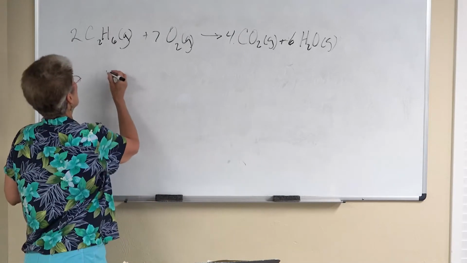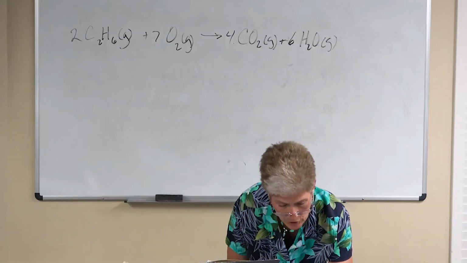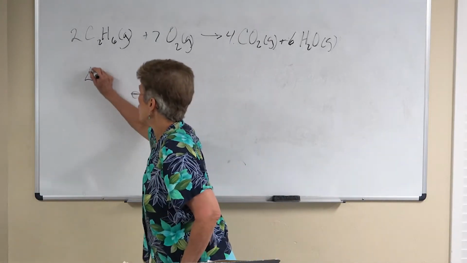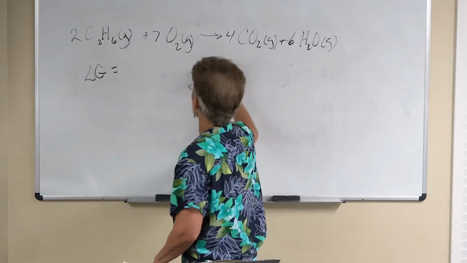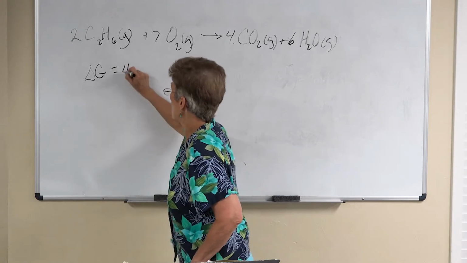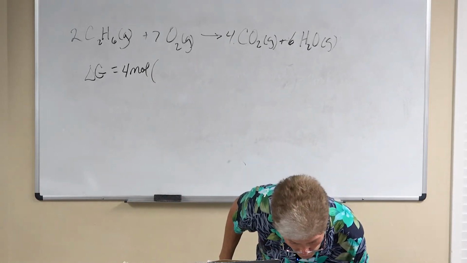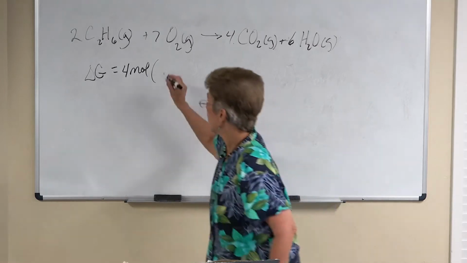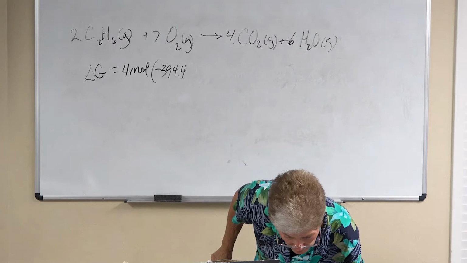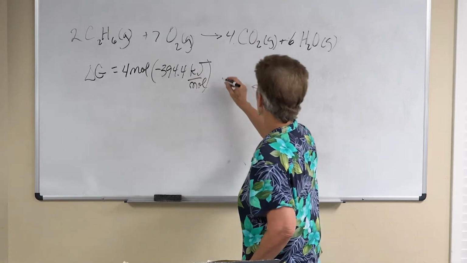And to use Hess's law to calculate delta G, that means we're going to use the chart on page 444. And so we're going to say delta G equals 4 moles, and the CO2 gas on this chart is negative 394.4 kilojoules per mole. So entropy is the only one that's real different.